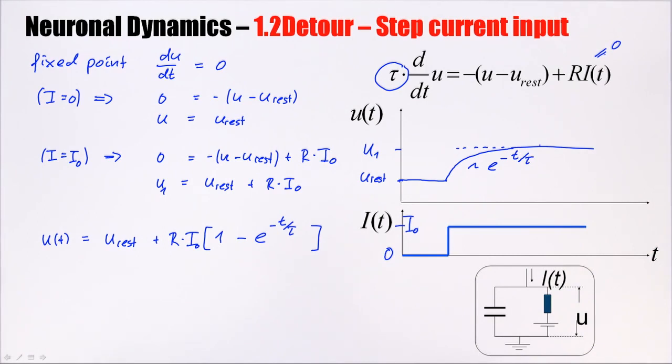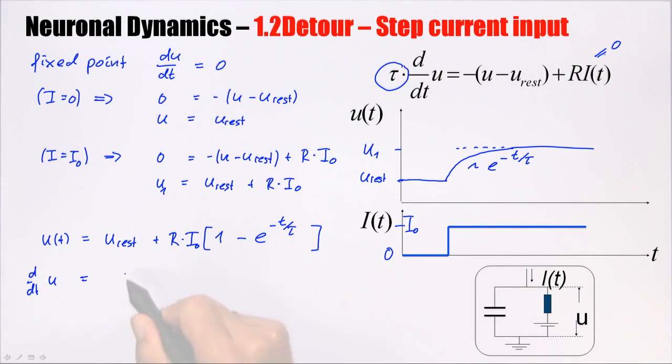You can check that this is indeed a solution of the differential equation by taking the derivative. So let's take the derivative. du/dt: u rest has no derivative, it's a constant. r times I0 times 1 is also a constant.